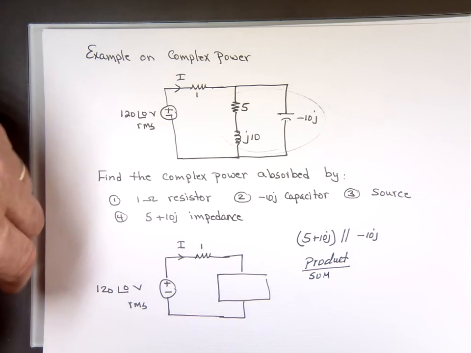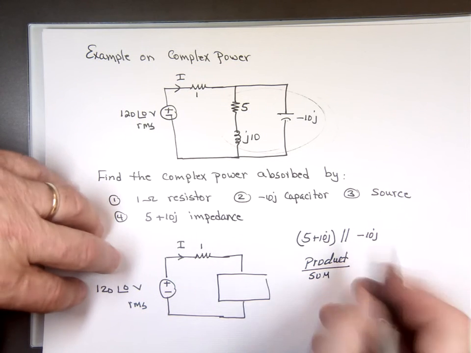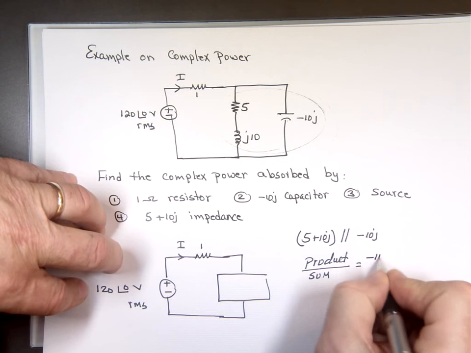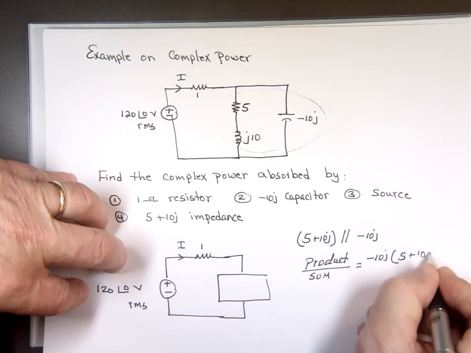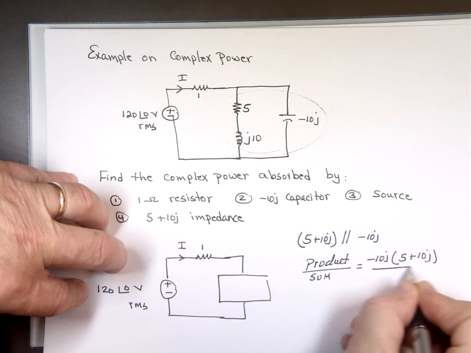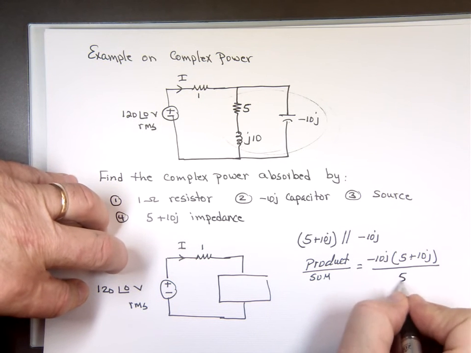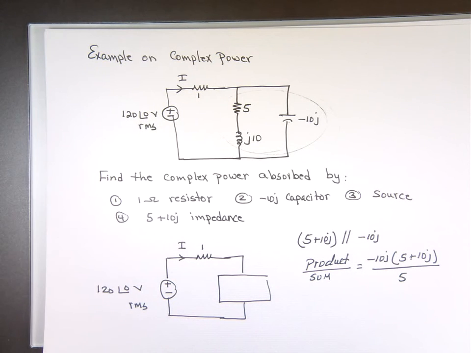You multiply these 2. And when you add them, what will happen to the 10J and negative 10J? It becomes a 5. Oh, it's been a while since I used this calculator with complex numbers. I forgot, is there a comma I have to put? Oh, no. Here we go.